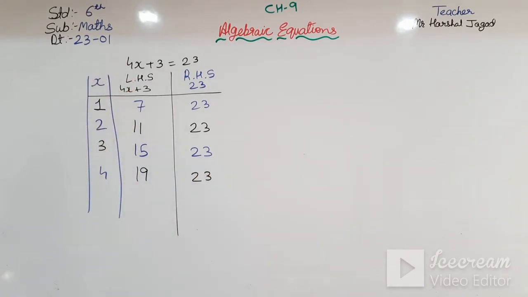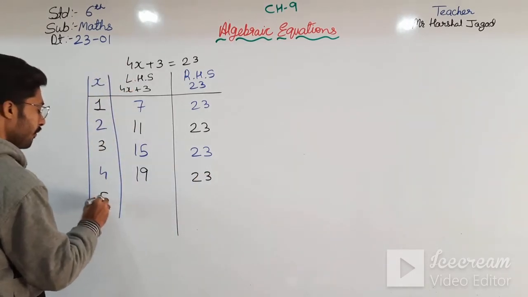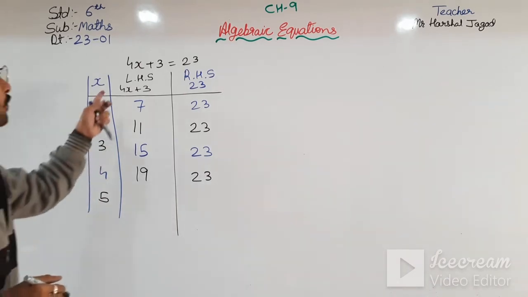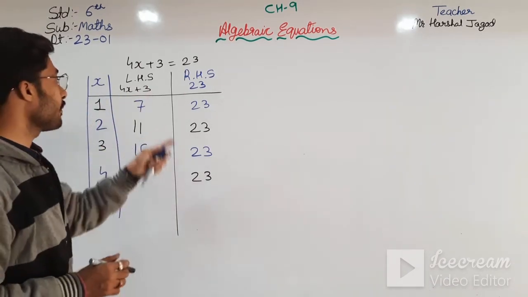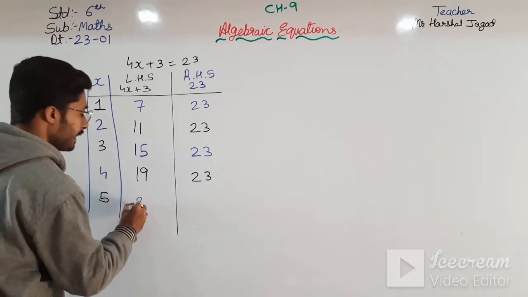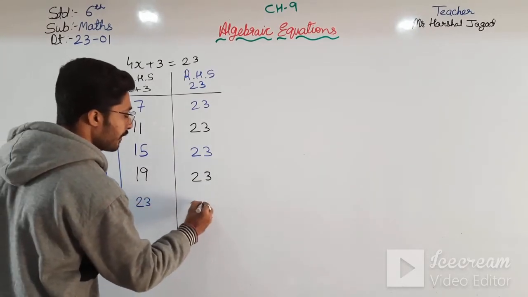Then taking x equal to 5, 4 fives are 20, 20 plus 3 is 23, and here it is also 23.